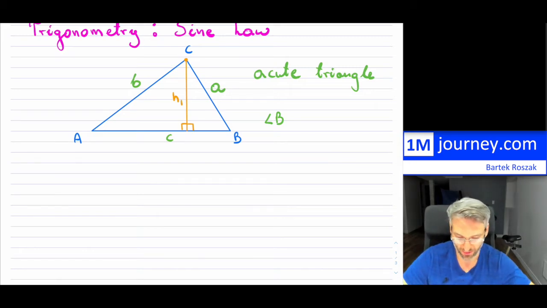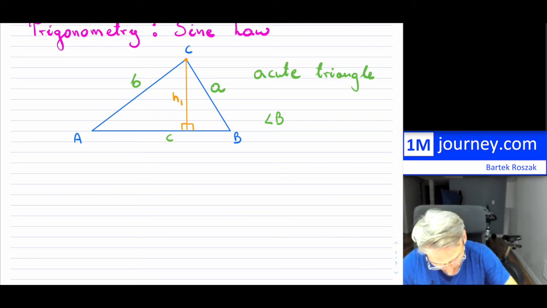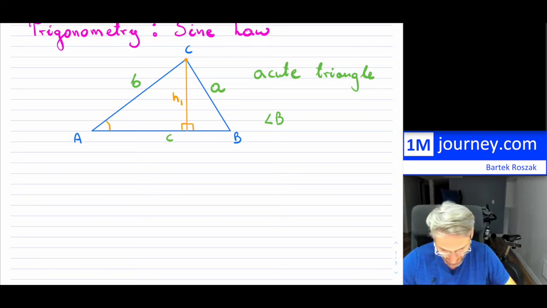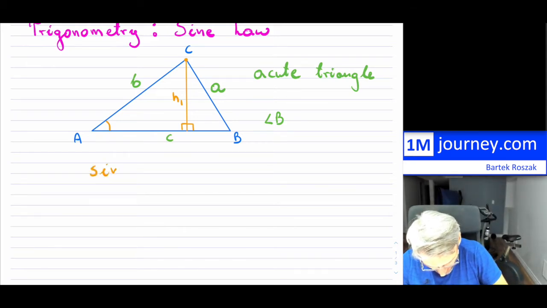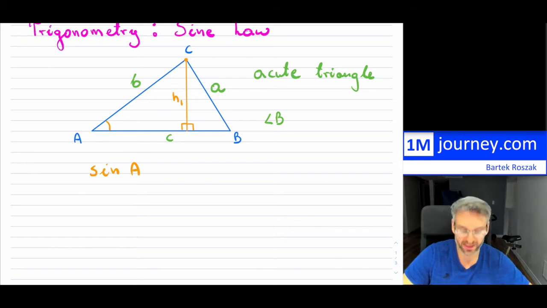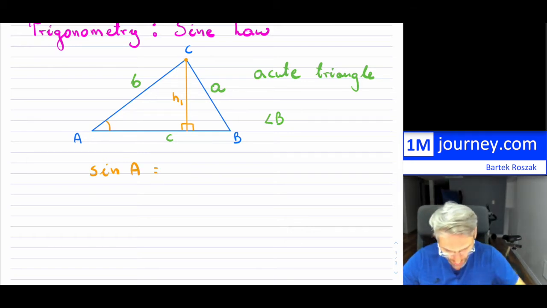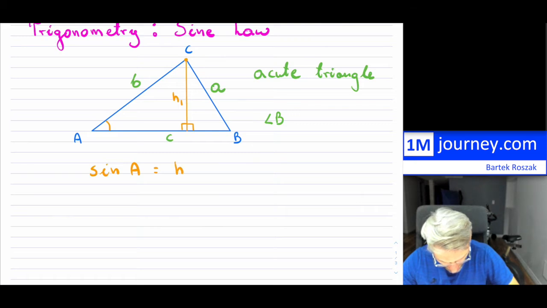Now let's think back to what we know about these triangles. For this angle right here, I know that the sine of that particular angle is equal to the opposite, which in this case is that height, H1, divided by the hypotenuse. And the hypotenuse, notice, is just b of that triangle right here.